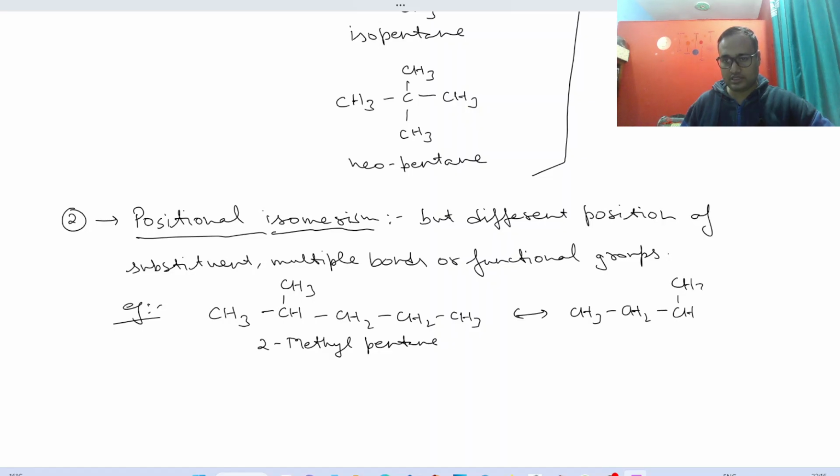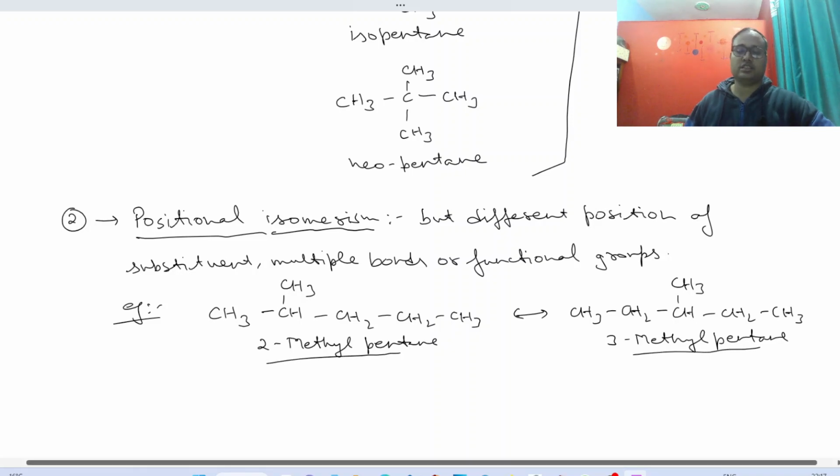We can write CH3 on the third carbon, then CH2 and CH3. This is 3-methylpentane. Okay, so 2-methylpentane and 3-methylpentane are positional isomers, as we have different position of the methyl group in this molecule.